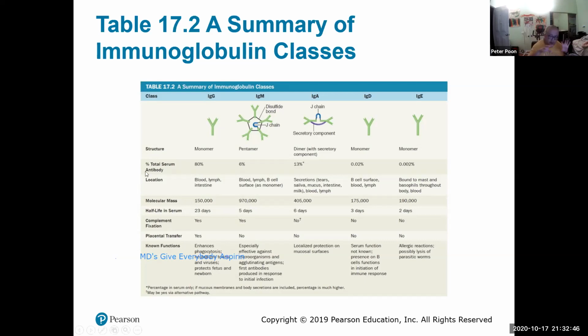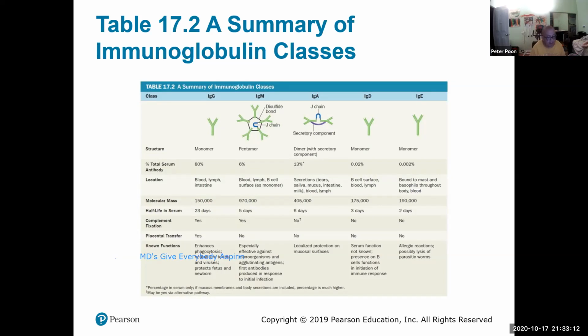And if you attach them to different bacteria, then the whole thing clumps together. If all the bacteria are clumped together and can't move, then the whole thing can be swallowed by one big macrophage.